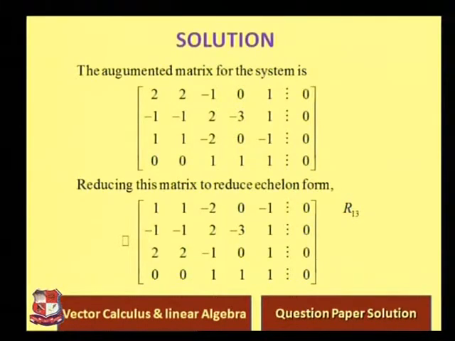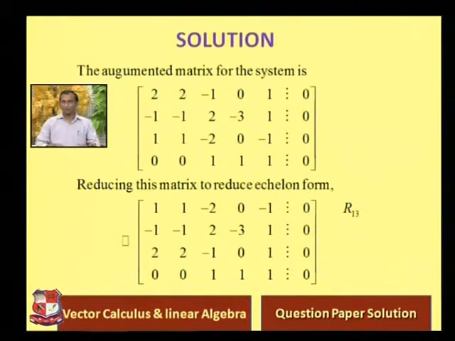Similarly, the second row is the second equation's coefficients: minus 1, minus 1, 2, minus 3, 1 and constant 0. Third is 1, 1, minus 2, 0, minus 1, 0. And the last equation's coefficients are 0, 0, 1, 1, 1, 0.